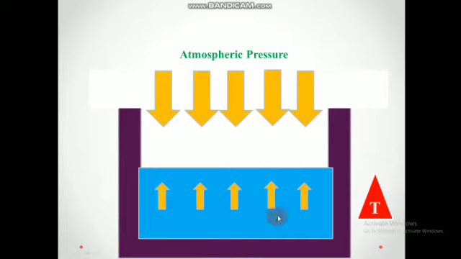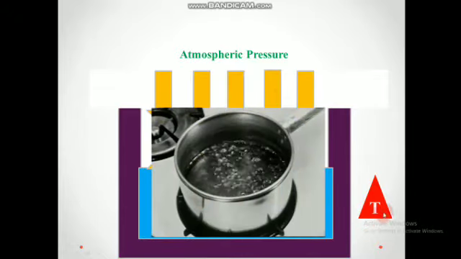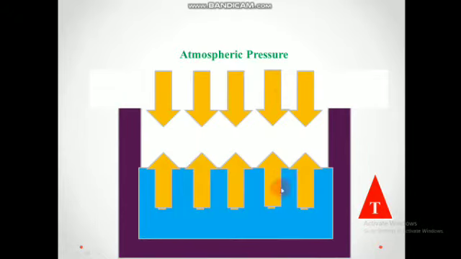The vapor pressure applied by the water increases to a level to match the atmospheric pressure. So when the vapor pressure is equal to the external pressure, then the boiling starts.